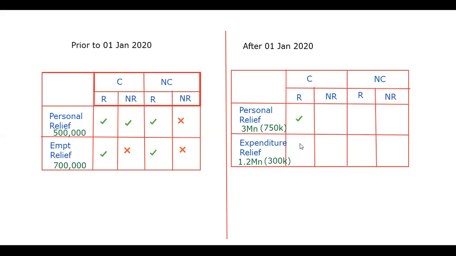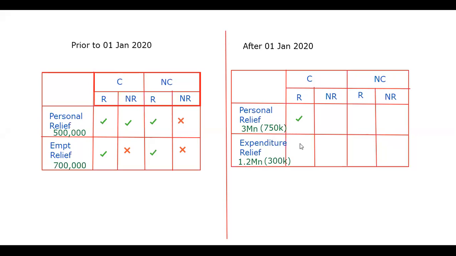If you have medical insurance, medical expenditure, you can go up to 1.2 million. If you have a housing loan, or if you purchase in the equity market, you can get those expenses as a deduction under qualifying payment.